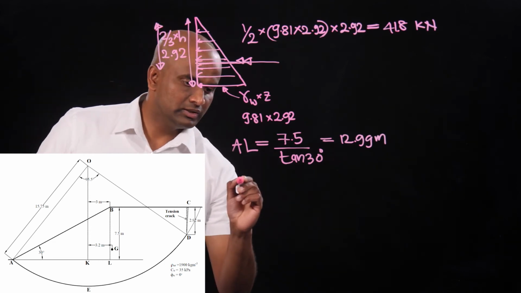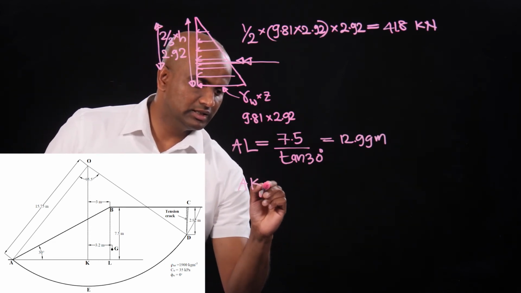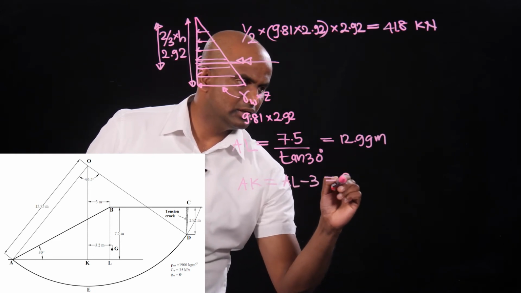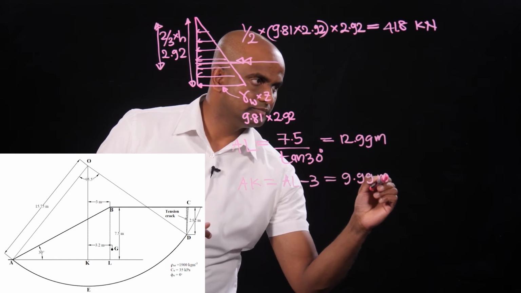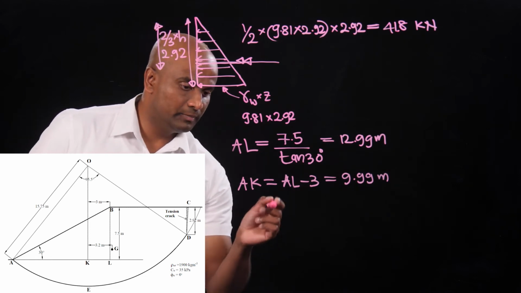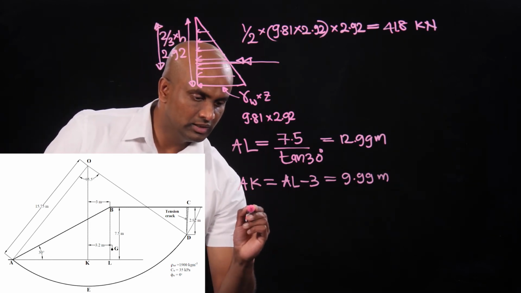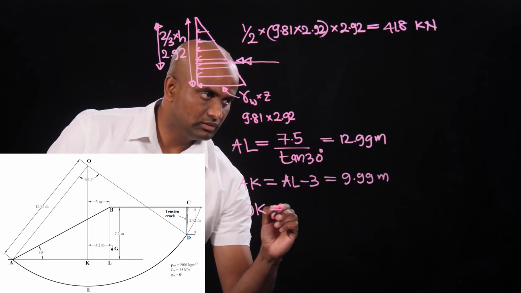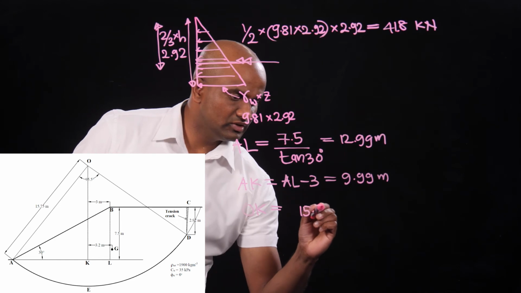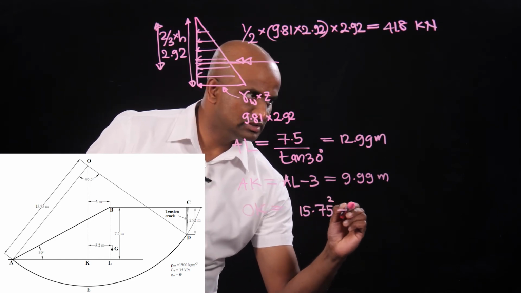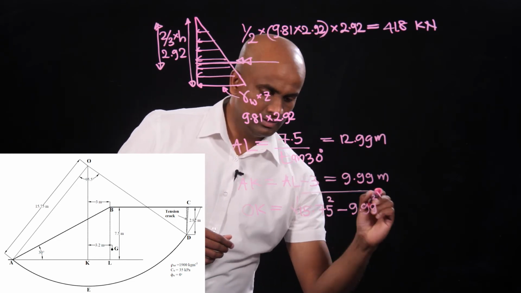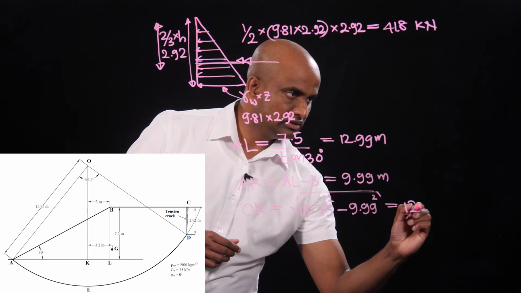And we can also calculate the AK length from this. The length AK will be AL minus 3, which will be 9.99 meter. Now when we know the AK value, we can apply the Pythagoras theorem to calculate the length OK. Length OK will be the square root of 15.75 squared minus 9.99 squared, so that will be 12.18 meter.